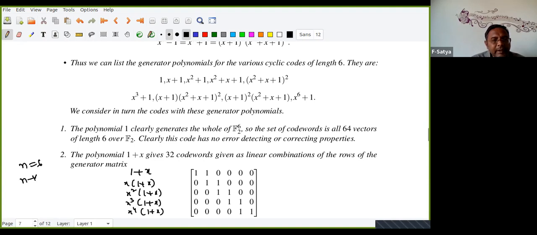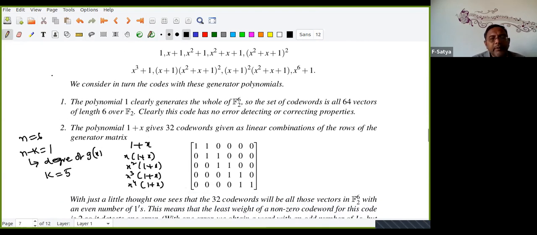So n minus k is equal to 1, which is the degree of g(x). So now my k becomes 5, that you can see here.